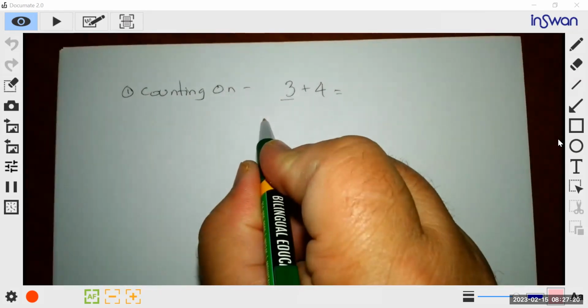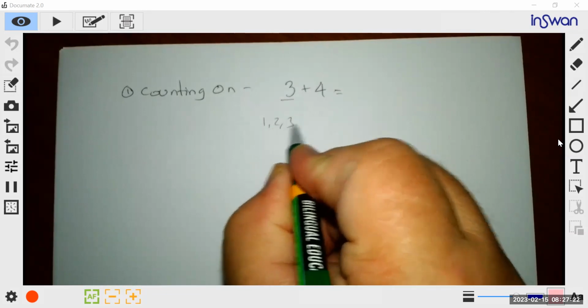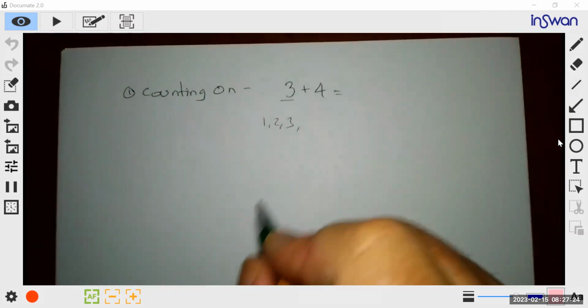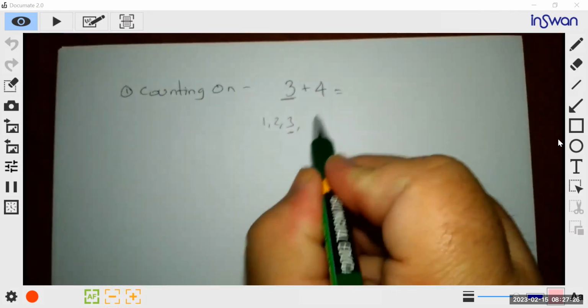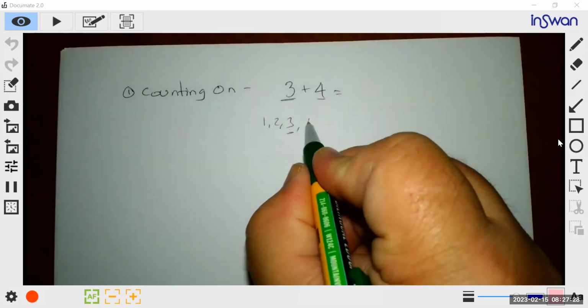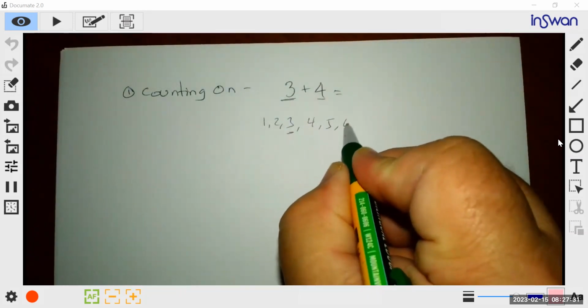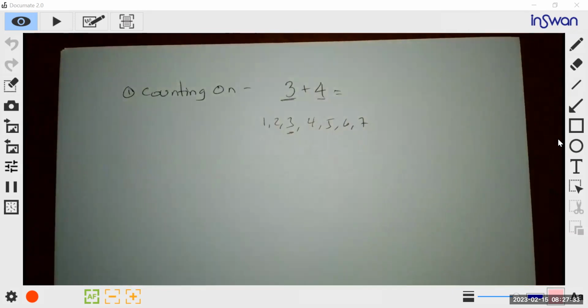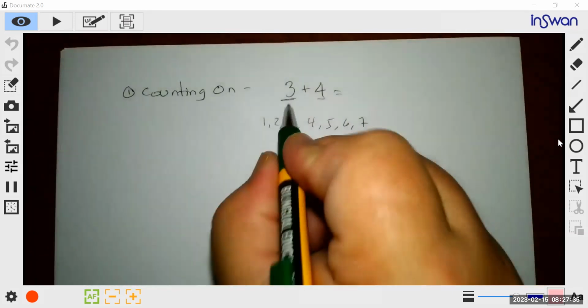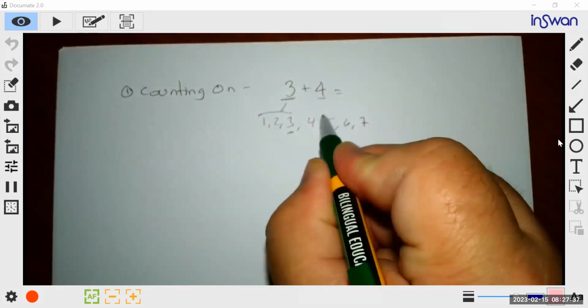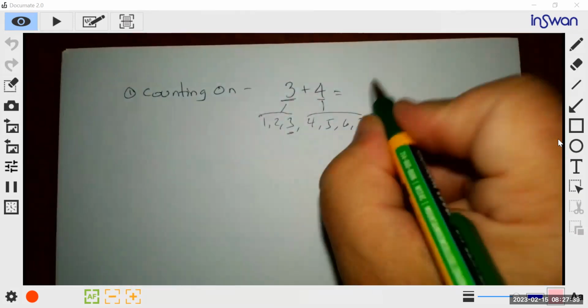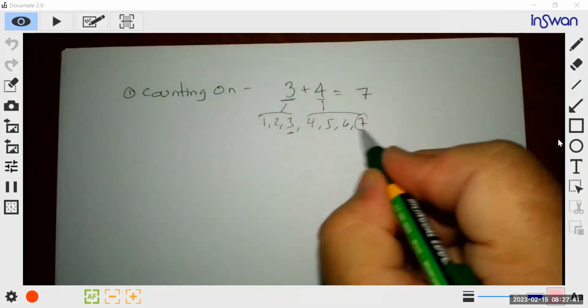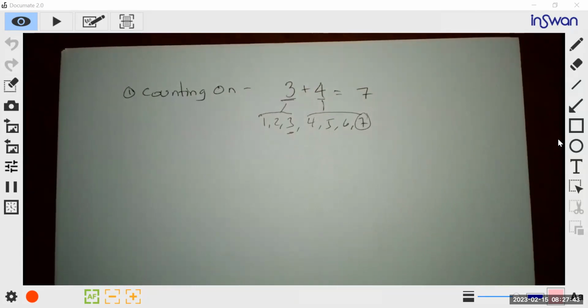They count, they count to 3. 1, 2, 3. And then from 3, they count 4 more numbers. 4, 5, 6, 7. So here are my 3 numbers, and here are my 4 numbers. Since I end on the number 7, that's the answer. That's what counting on is.